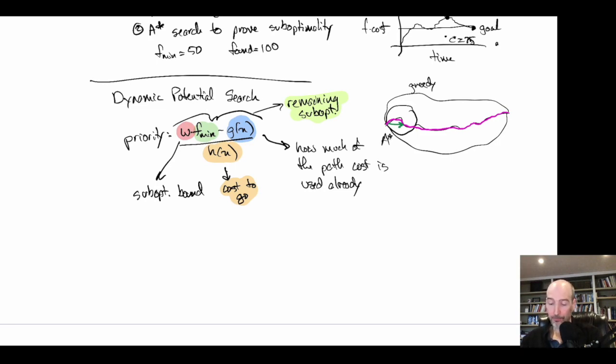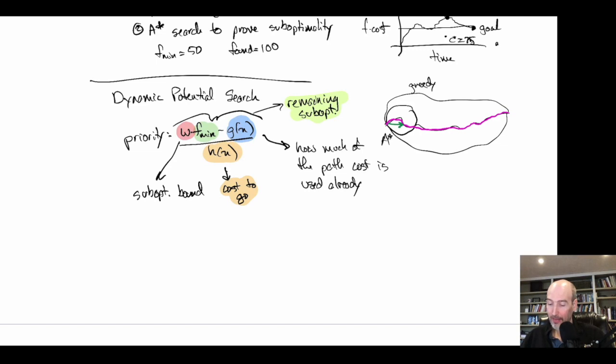I'd have a priority of 1. But if I have 100 and this path was only going to take at least 10, it may take more than that, but at least 10, then I actually can go 10 times longer than that and still be within my suboptimality bound. So this is looking at the potential that is remaining to get to the goal and saying, let's expand states in the order of their potential.